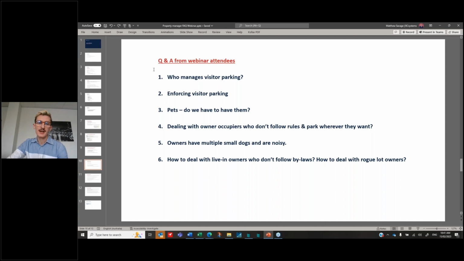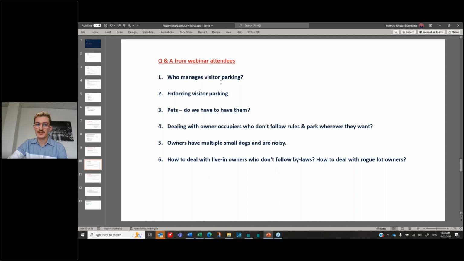So question one, big question, who manages visitor parking? The body corporate as a group manages visitor parking. Visitor parking spaces are owned by the body corporate, which means all owners jointly own the visitor parking spaces. And the committee of the body corporate has a responsibility to enforce the bylaws and to keep the visitor parking for visitors.